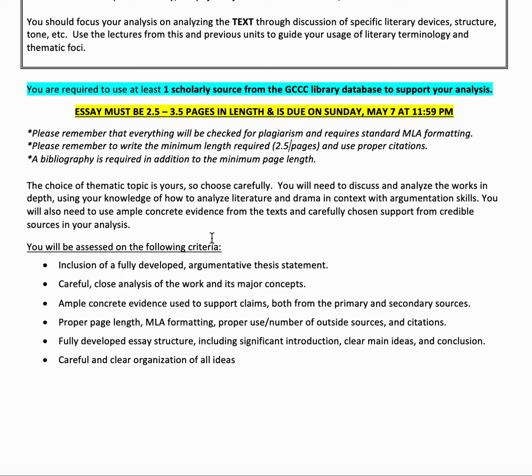Again, as always, this is purposefully broad because I want you to be able to choose the thing that is of the most interest about Death of a Salesman for you to talk about. If that's looking at Willie's relationship with his sons, that could be interesting, the conflict there, or the dynamics of a father-son relationship at this time.